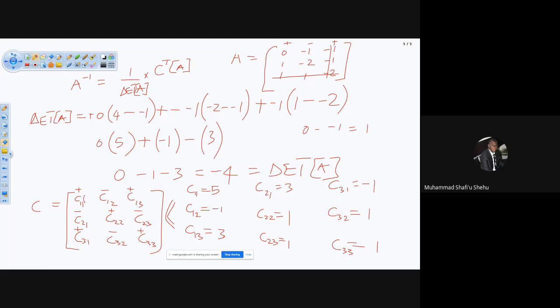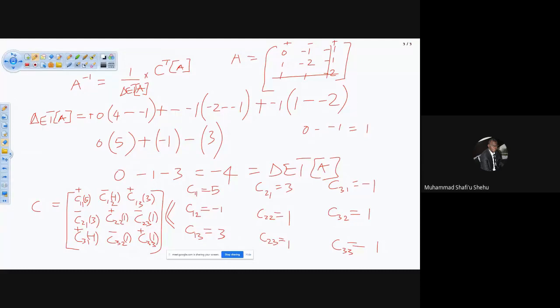For C1, 1 we have 5. For 1, 2, we have -1. For 1, 3, we have 3. For 2, 1, we have 3. For 2, 2, we have 1. For 2, 3, we have 1. And for 3, 1, we have -1. For 3, 2, we have 1. And for 3, 3, we have 1.